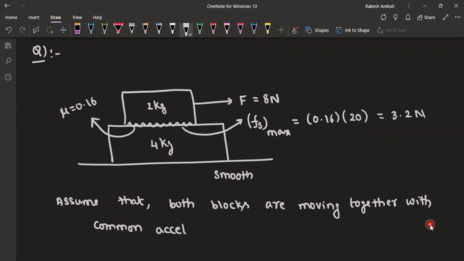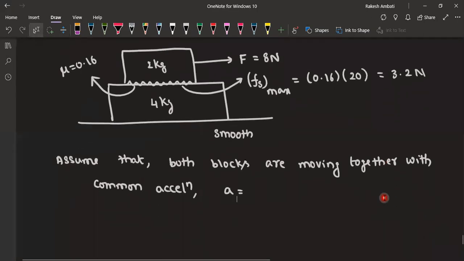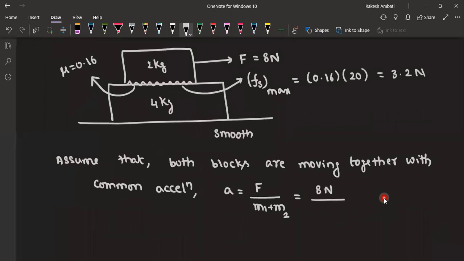How to find this common acceleration? F applied upon the sum of the masses. What is the applied force over here? 8 newtons. Sum of the masses is 6 kg. Therefore, this acceleration is 4 by 3, that is 4 upon 3 meter per second square.